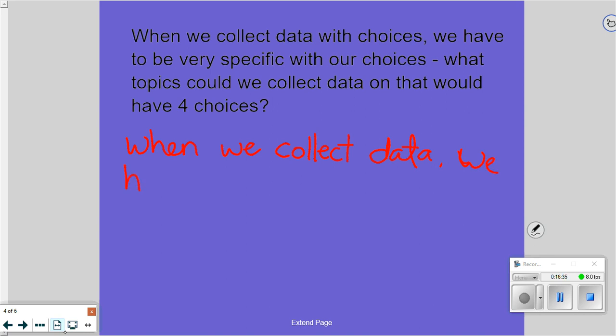We have to be very specific with our options, aka our choices. When we collect data, we have to be very specific with our options and choices.